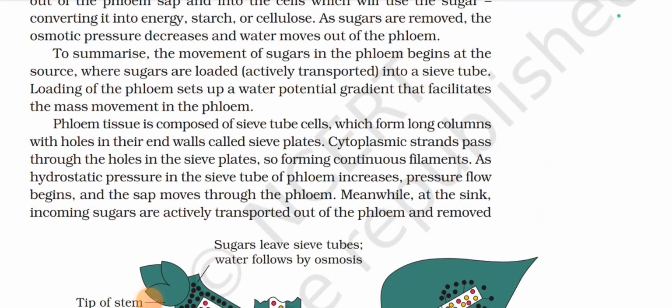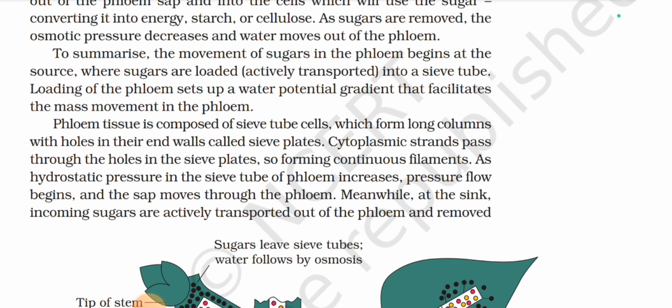To summarize, the movement of sugars in the phloem begins at the source, where sugars are loaded, actively transported into a sieve tube. Loading of the phloem sets up a water potential gradient that facilitates the mass movement in the phloem. Phloem tissue is composed of sieve tube cells which form long columns with holes in their end walls called sieve plates.